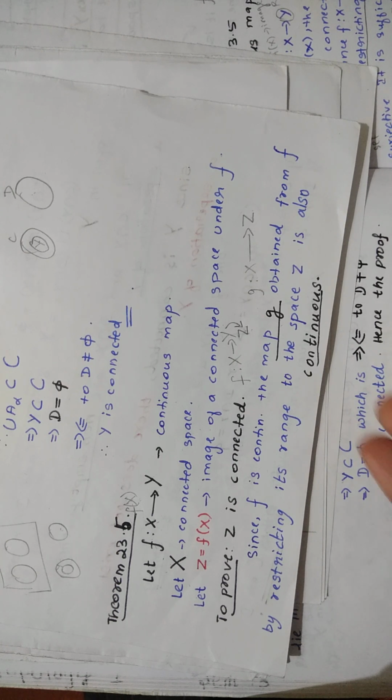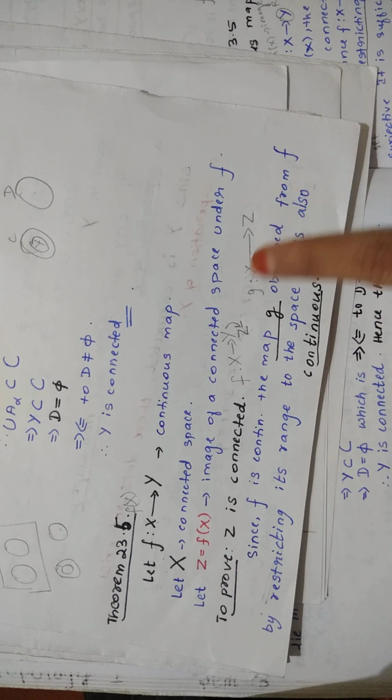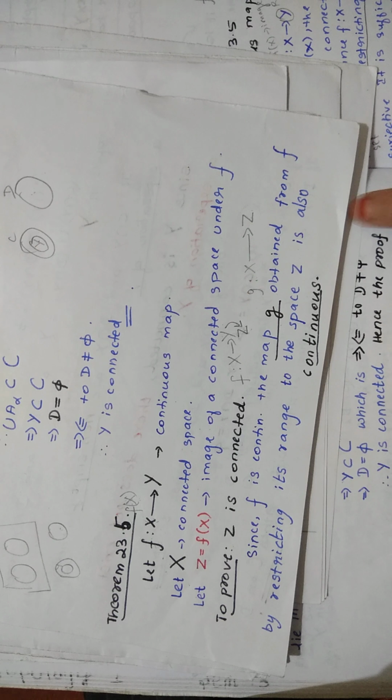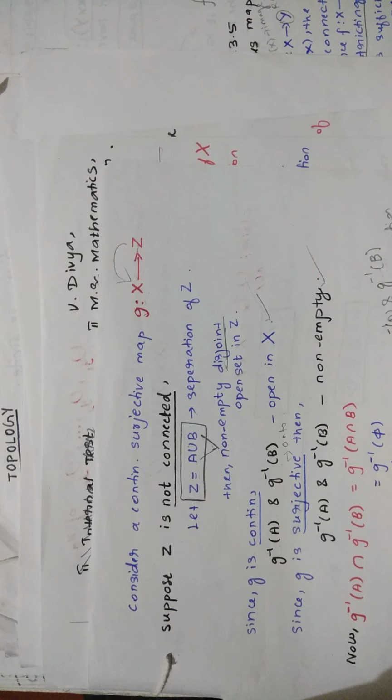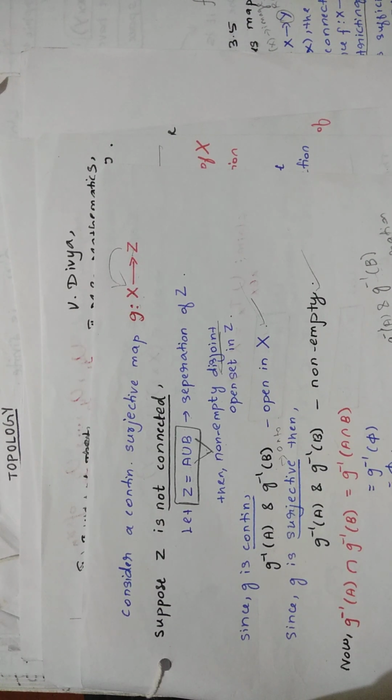Okay, so that is what you are saying here. f is continuous. Therefore, we are obtaining a map g by restricting the range y to the space z. That will also be continuous. Okay. Now what you are writing is, consider a continuous surjective map.